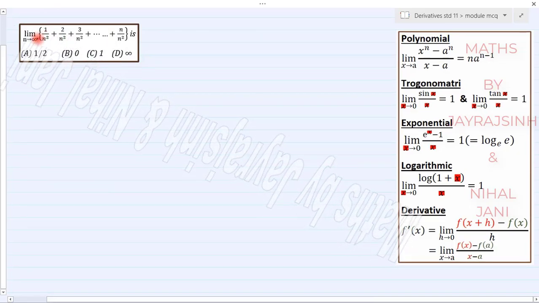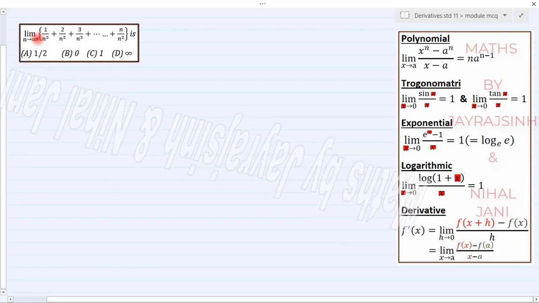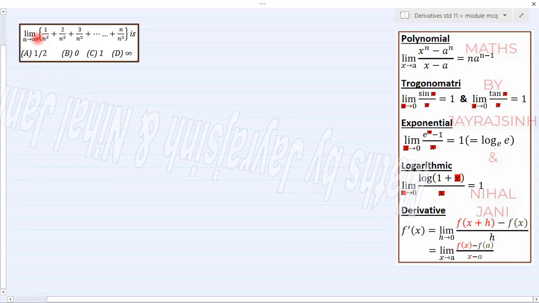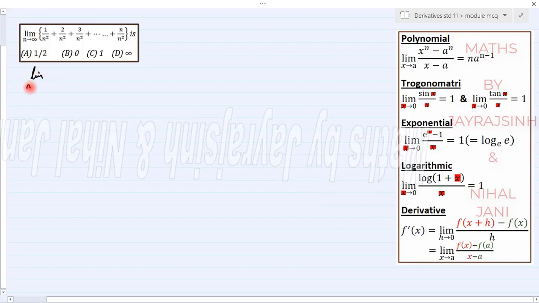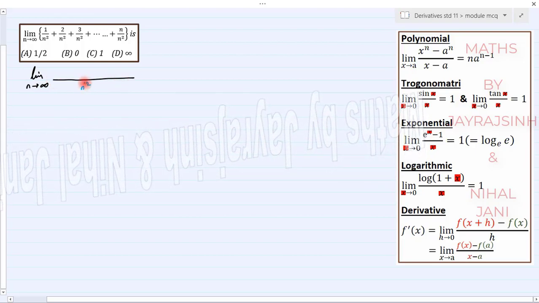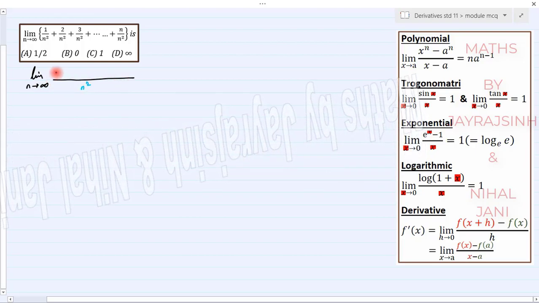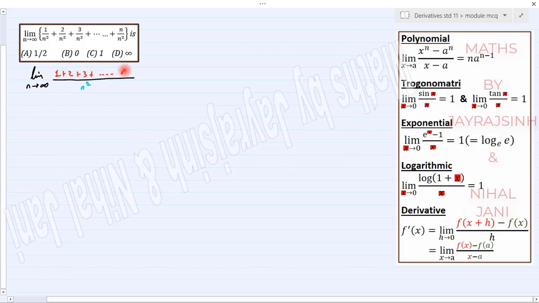In this question, we have limit n tends to infinity, 1 upon n square plus 2 upon n square plus 3 upon n square up to n upon n square. Or we can say if we take an LCM of n square, we will get n square in the denominator and your numerator will be 1 plus 2 plus 3 up to n.